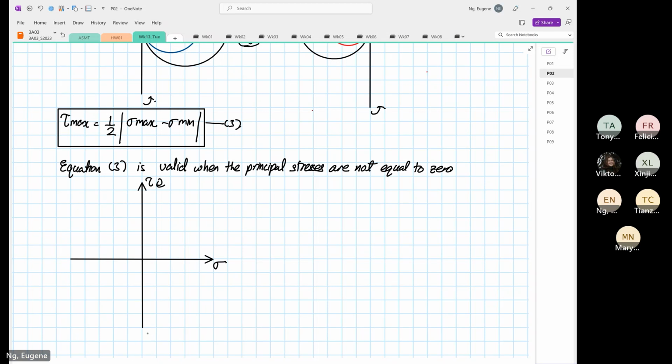This is the diameter of your circle, the biggest circle.